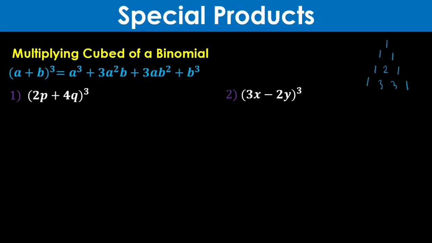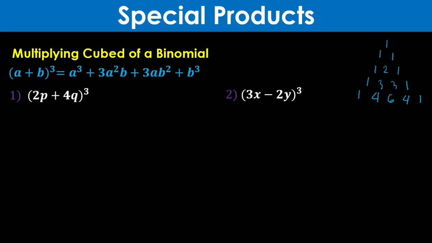So that's how it looks like here: 1, 3, 3, 1. But if you move to power of 4, then it's going to be 1, 4, 6, 4, 1. Just simply add these adjacent terms there.